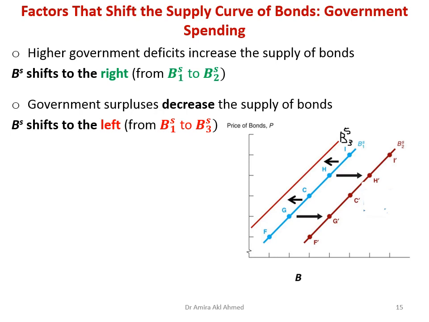When these deficits are large, the Treasury sells more bonds, and the quantity of bonds supplied at each bond price increases, and eventually the supply curve of bonds shifts to the right. On the other hand, government surpluses result in lowering the supply of bonds and thus shifting the supply curve of bonds to the left.